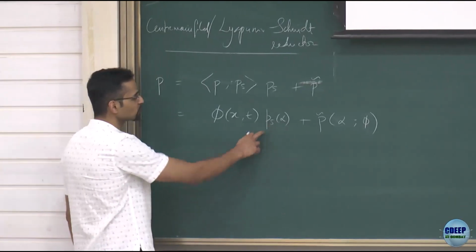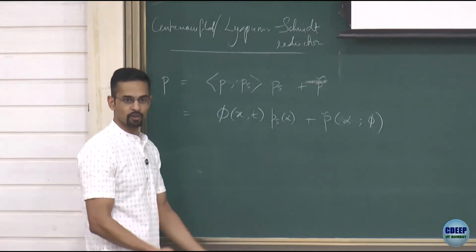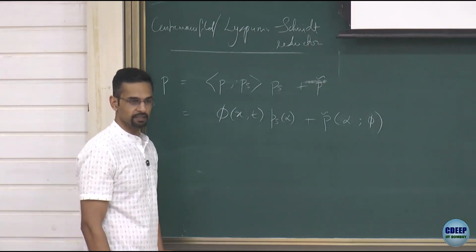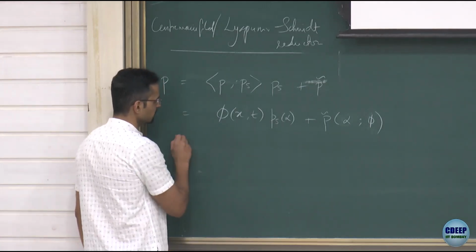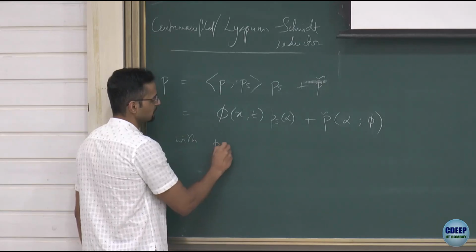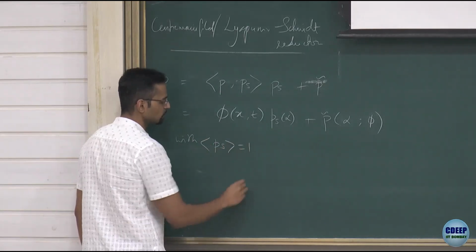Now, the way I'm going to choose PS has already been normalized because I've called it the stationary distribution.